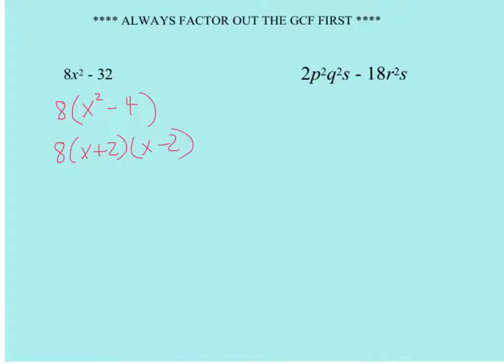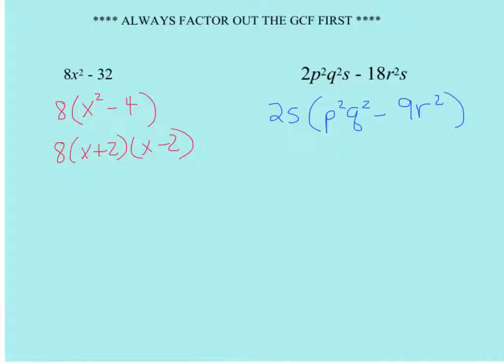Looking at this one over here, I have a GCF of 2, a GCF of s, and when I pull out the 2 and the s, I'm left with p squared q squared minus 9r squared. It seems a little bit complex, but p squared and q squared both have even exponents, so they are perfect squares.